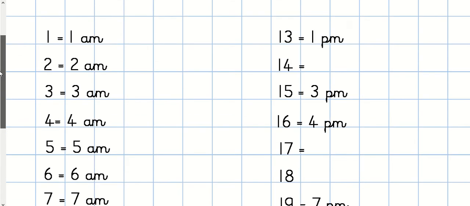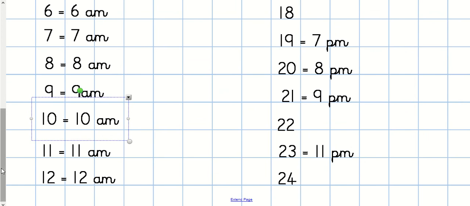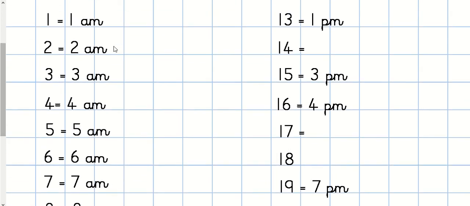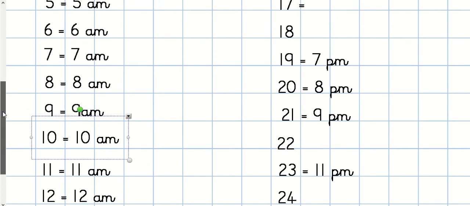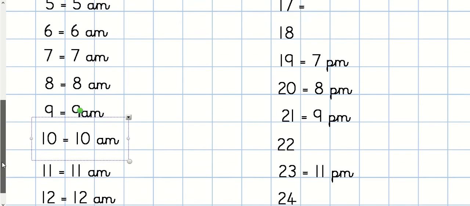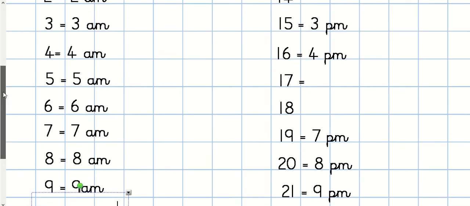So we know that the first 12 hours are just like the representation on our 12-hour clock. We have 1 equals 1 AM, 2 equals 2 AM, 3 equals 3 AM, 4 equals 4 AM. So they represent our first spin on our 12-hour clock.